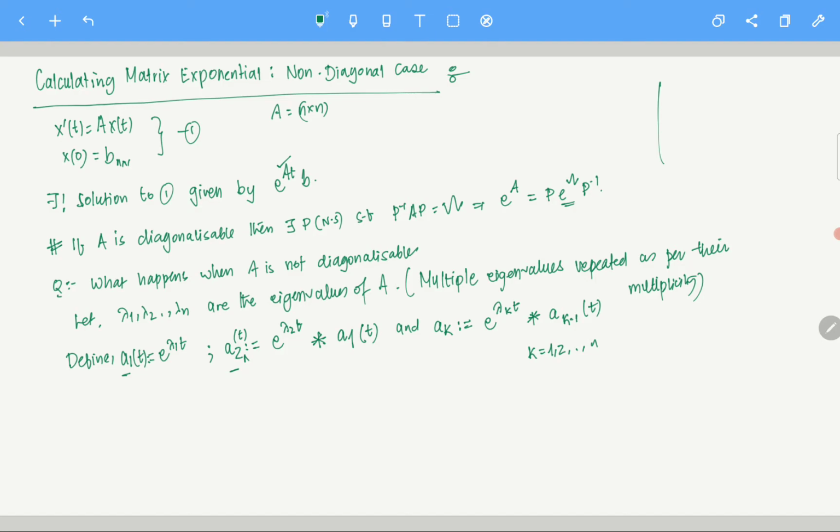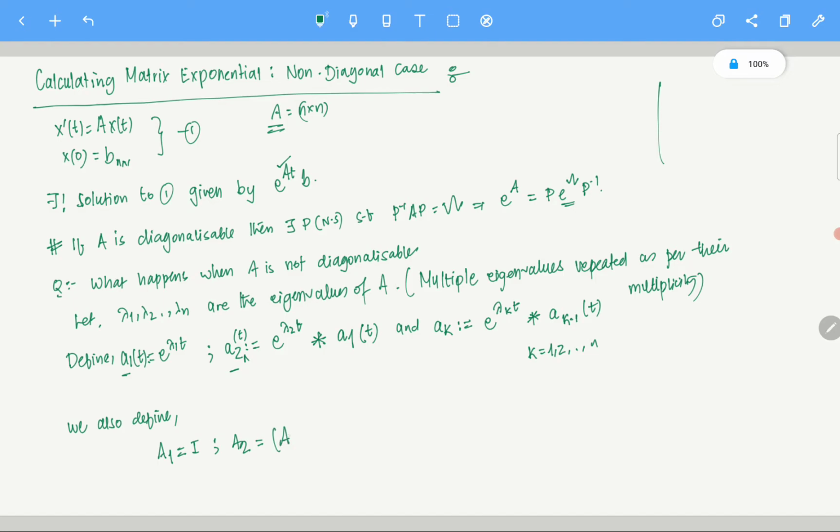So this is done. Now we also define capital A1. So what is A1? A1 is the identity matrix, okay. A2, we will define it like this: A is our original matrix given to us, right?